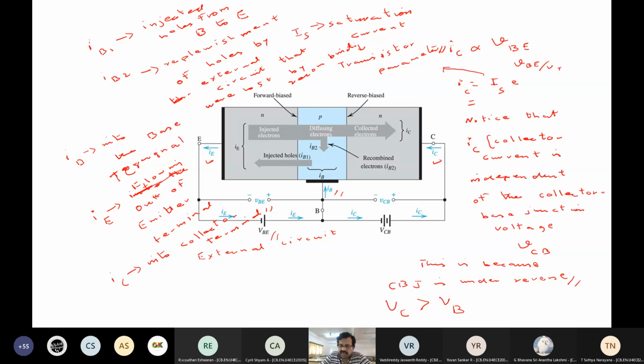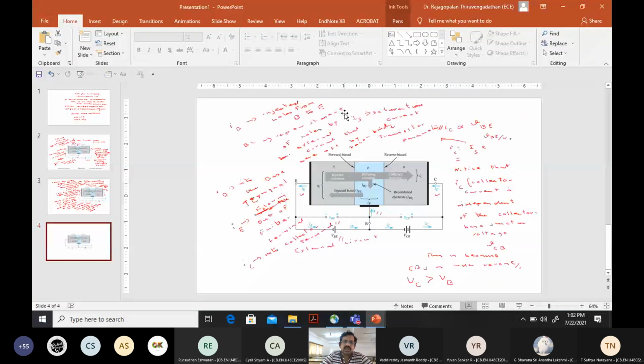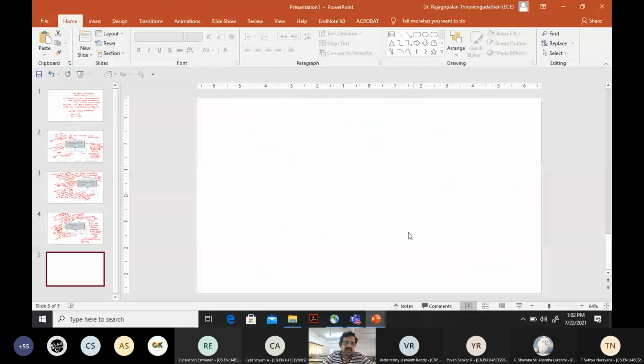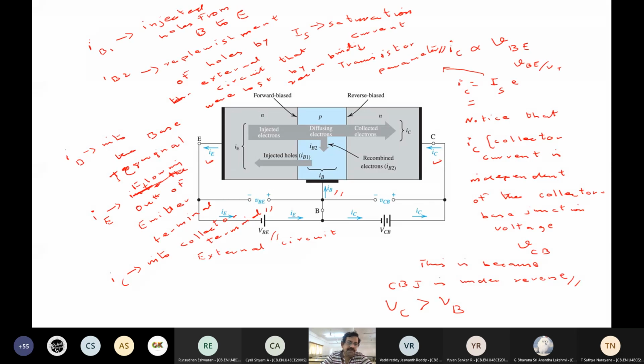We have discussed the currents, told you the components of the various currents, and defined the active mode of operation. Now we have come to a stage where we can define the current gain parameters. If you look here, IB is into the base terminal, IE is flowing out of the emitter, and IC is into the collector terminal.